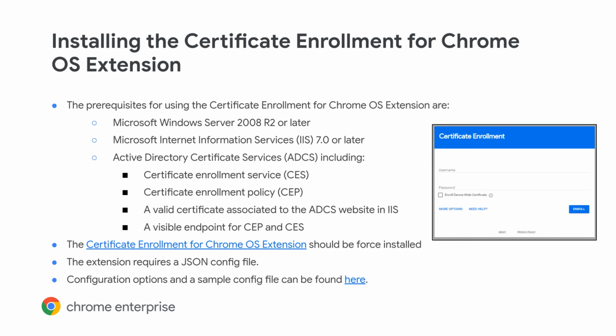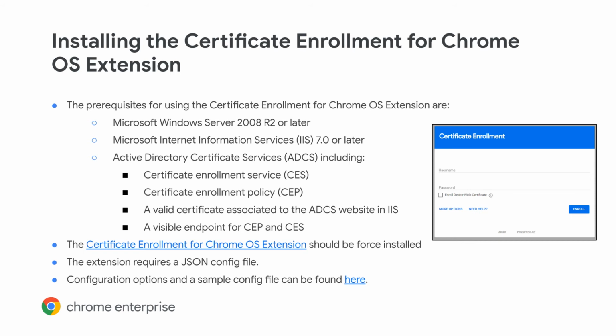Also, you need to have Active Directory Certificate Services, ADCS, including the Certificate Enrollment Service and the Certificate Enrollment Policy. You also need to have a valid certificate that's associated to the ADCS website in IIS, as well as a visible endpoint for CEP and CES.